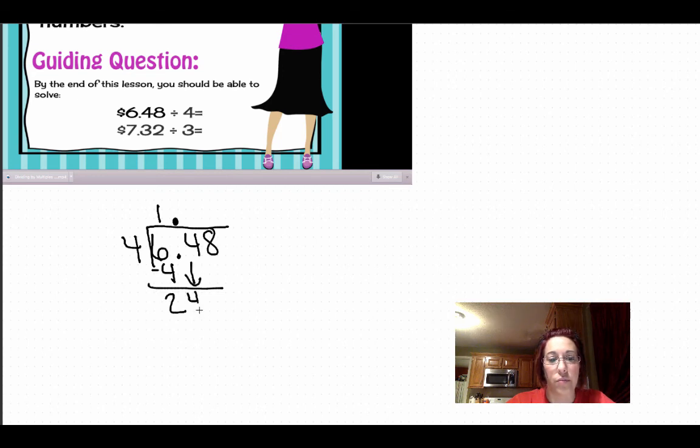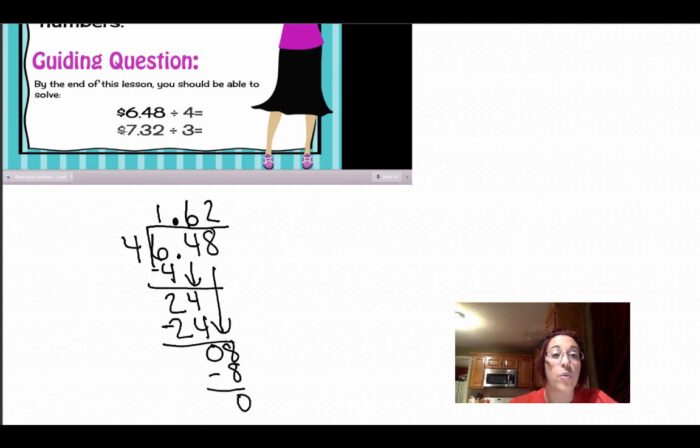Bring down. 4 will go into 24 6 times. Bring down the 8, and 4 will go into 8 twice. Now, our original problem was money, so our answer does need a dollar sign to be correct.